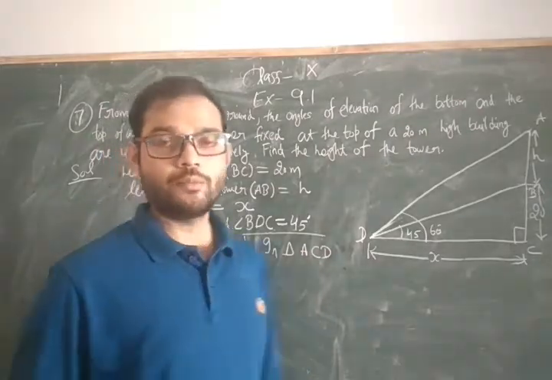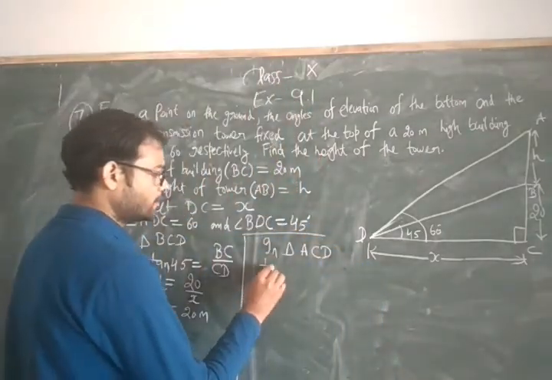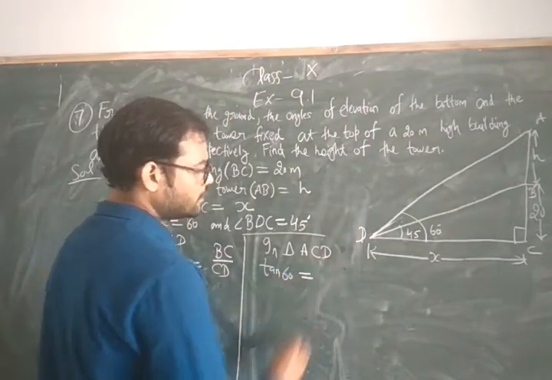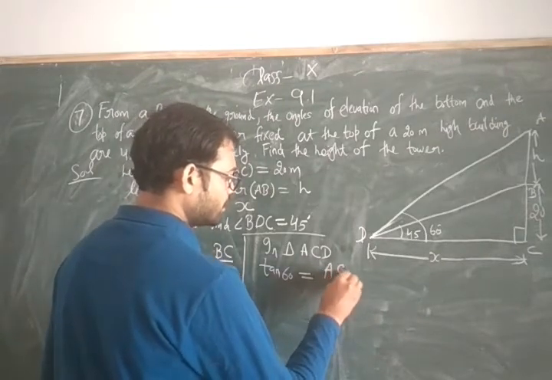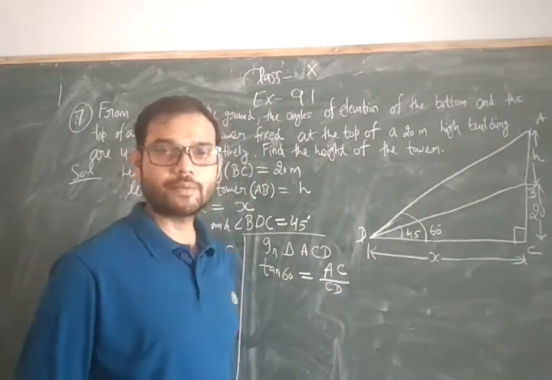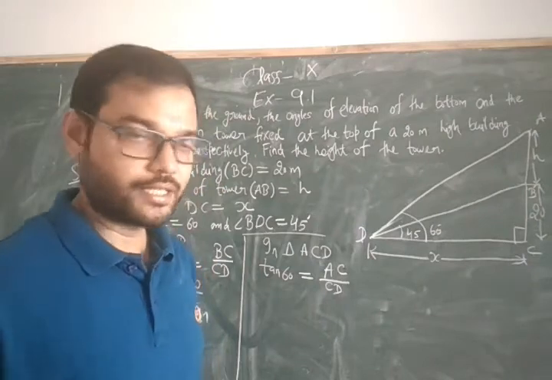Now we are going to use another right angle triangle, triangle ACD. So in this one again tan theta, theta is 60, is equal to perpendicular upon base. The perpendicular is AC and the base is CD.